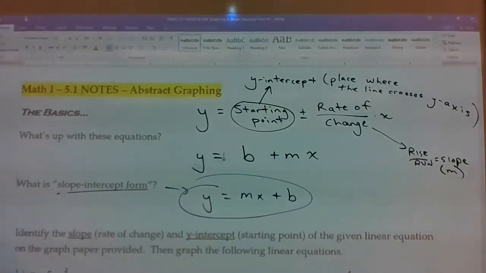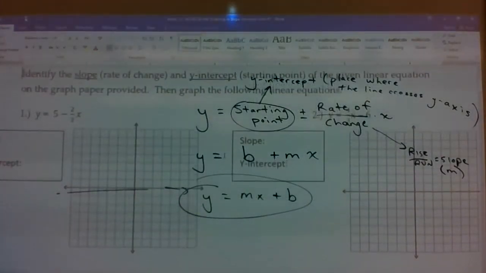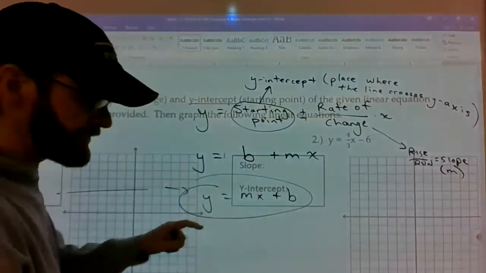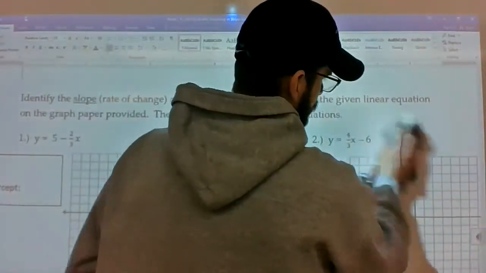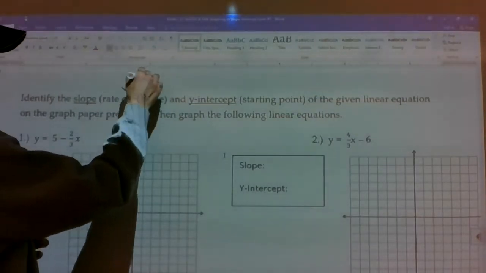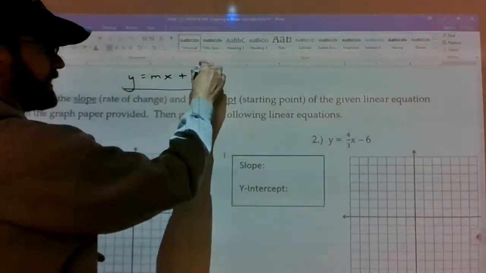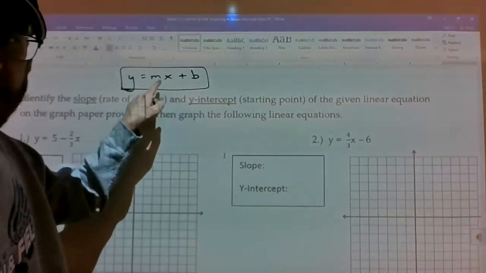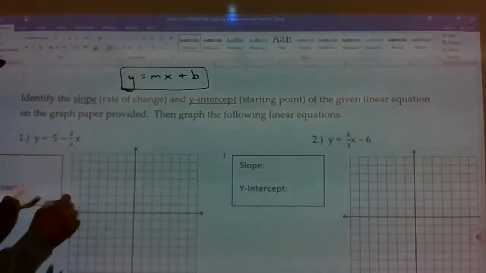So checking out some of the examples we see in front of us. Our job is going to be to take this y equals mx plus b format, this formula. All right, so every single time we're thinking to ourselves, all right, this is the structure. I can get points from here, and I can get points from there. So you see y equals 5 minus 2/3 x.